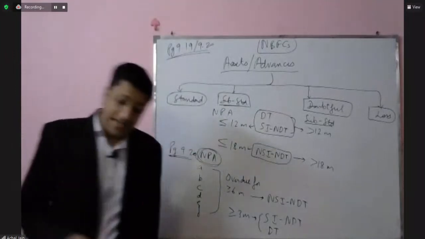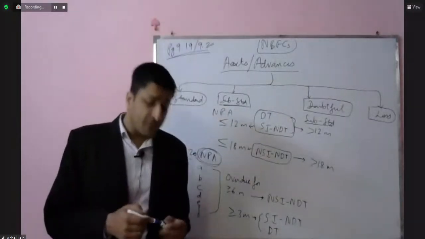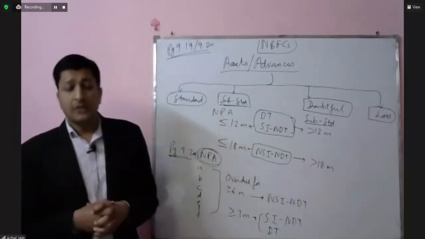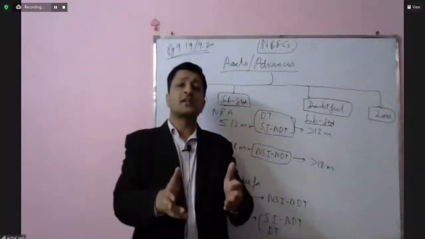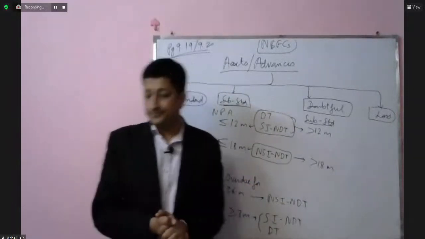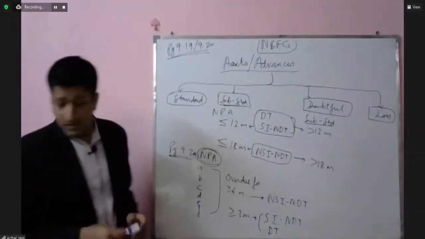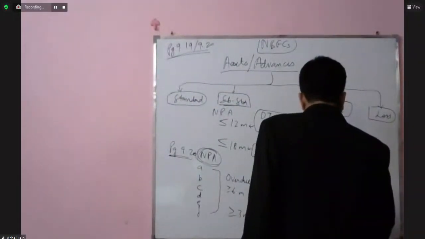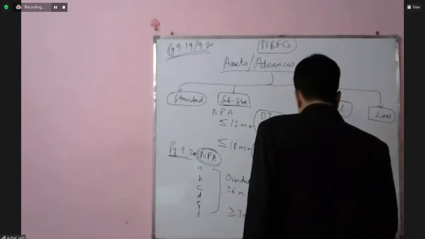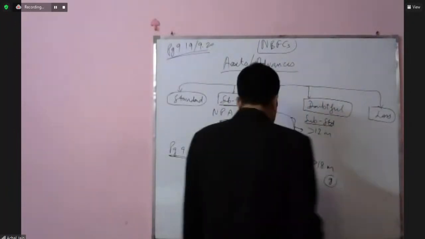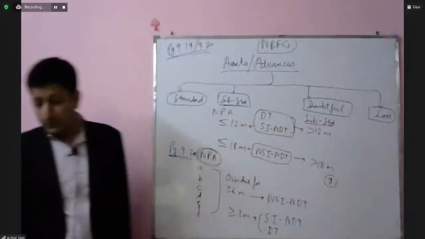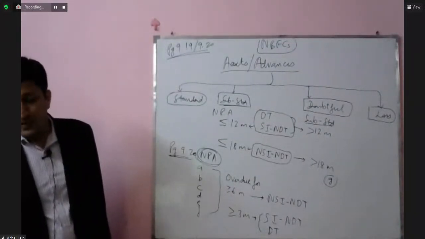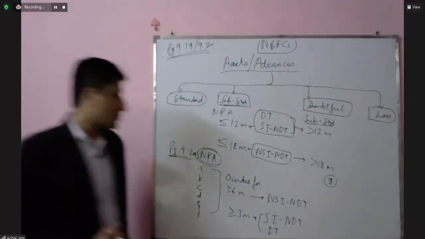And last is, if any of the facility becomes NPA for a customer, then all the facilities of that customer will become NPA. So for point number G, we can say it's 12 months in case of non-systemically important non-deposit taking.